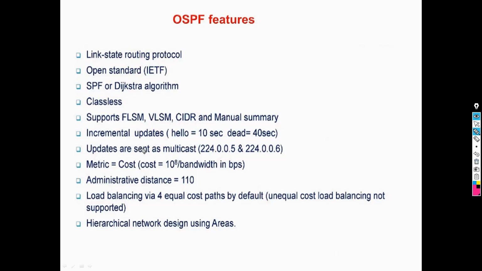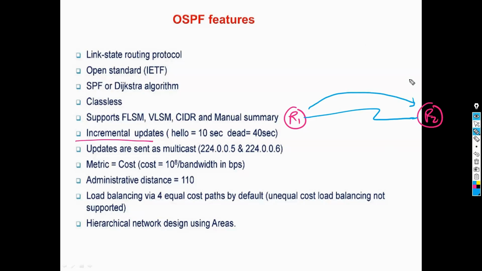So OSPF sends incremental updates. Incremental update means what? Whenever a change happens, for example we have an R1 router and an R2 router. OSPF always sends incremental updates. For example, R1 will exchange its routing table information with R2.